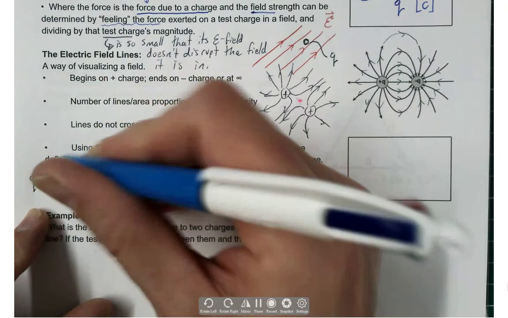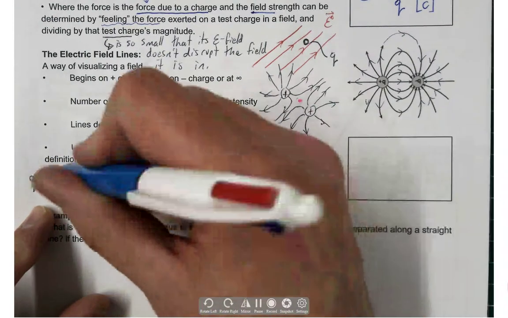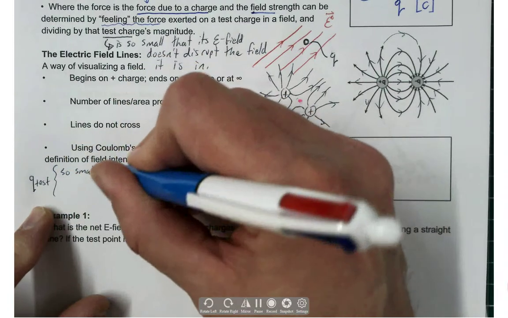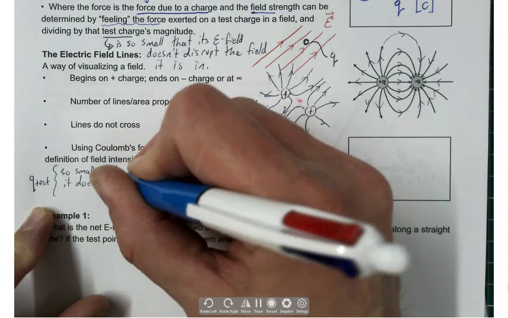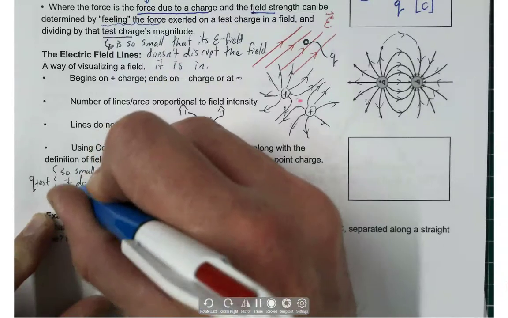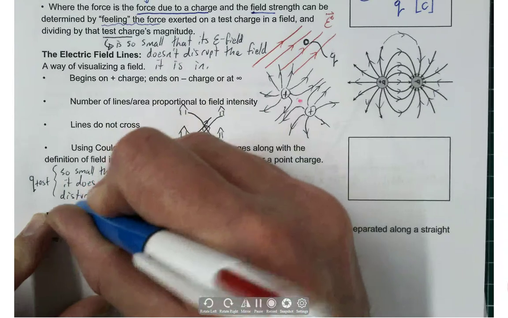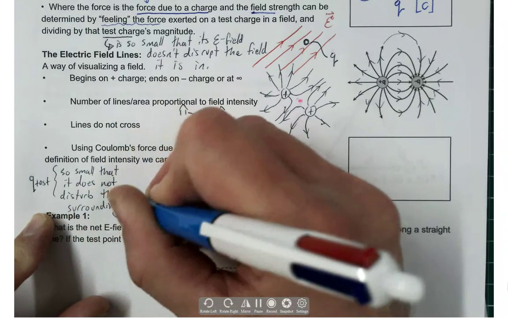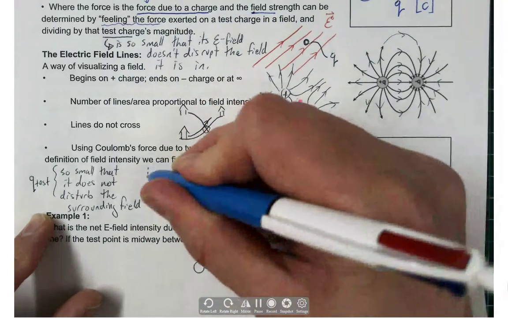I'll emphasize again, it's so small that it doesn't disturb the surrounding field. Like a banana compared to Earth. Just using banana for scale.